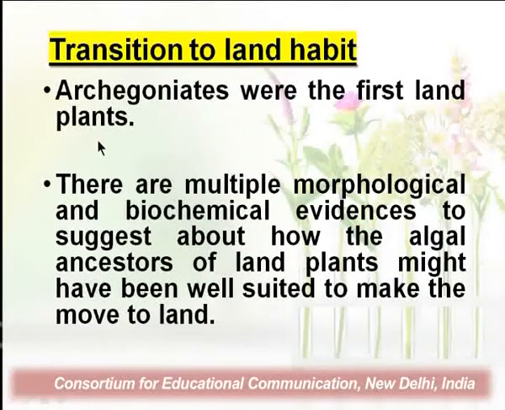Thus, Archegoniates were the first land plants which ventured from the aquatic habitat to the terrestrial habitat. There are multiple morphological and biochemical evidences also to suggest how these algal ancestors might have been well-suited candidates for the movement towards land plants.